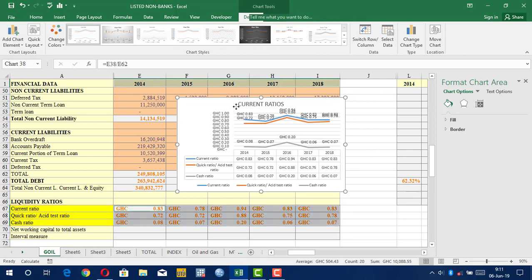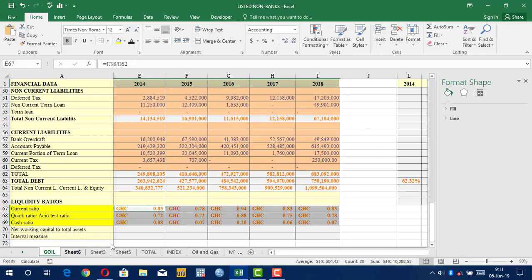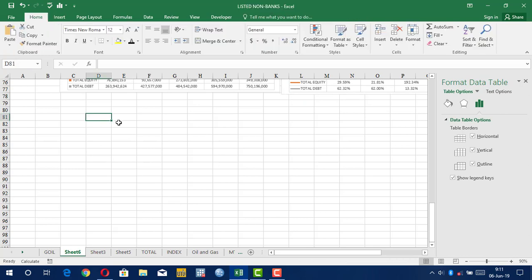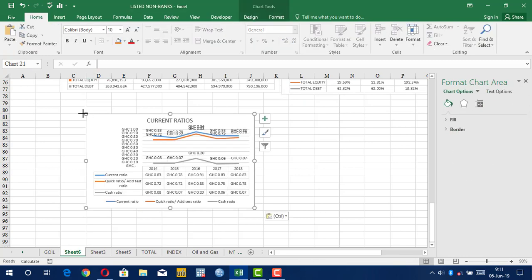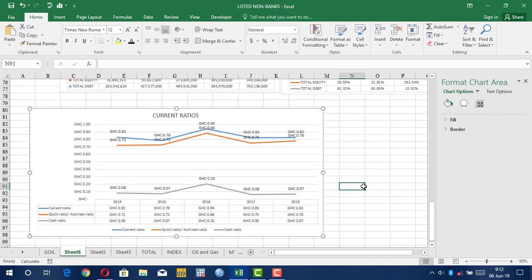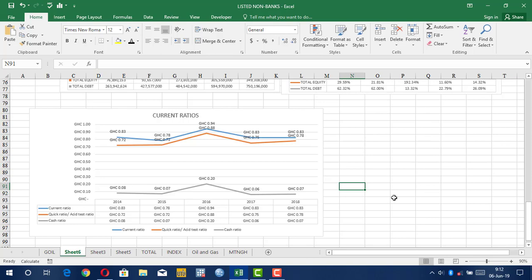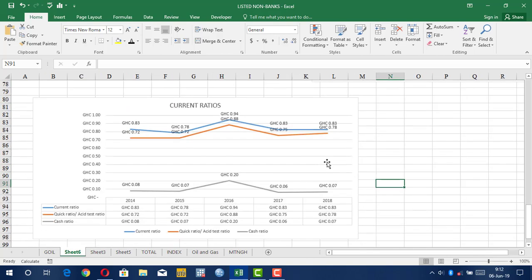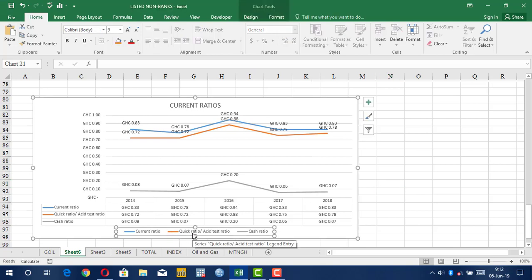Okay, so let's take it to our empty sheet and then do a simple and a proper chart.